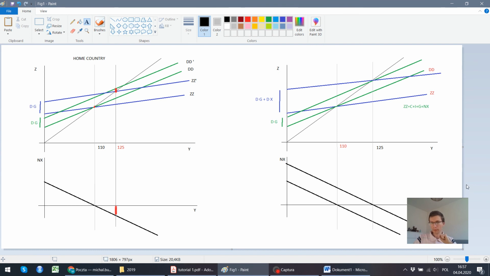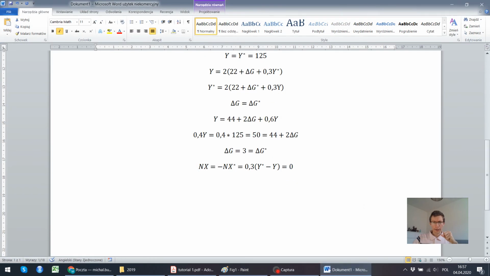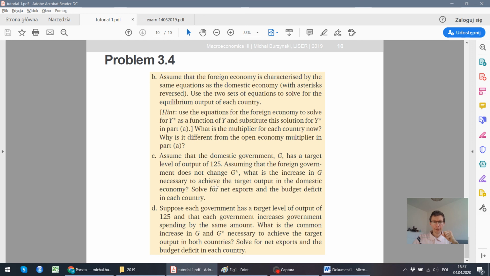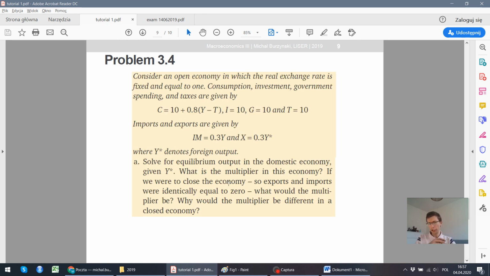All right, and once again, this graph is also valid for the foreign country as well. All right, so hopefully everything is clear when it comes to this fiscal coordination problem. You can relate this particular finding to the current situation in which we observe enormous fiscal stimulus packages implemented in almost every developed country in the world.